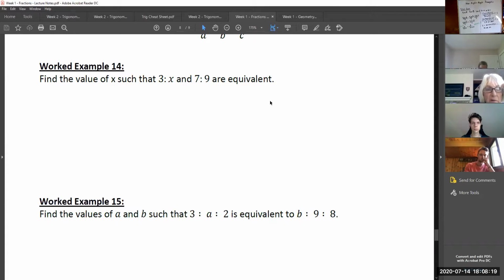Okay. So we're being given the ratio 3 to A to 2, which is equivalent to B to 9 to 8.